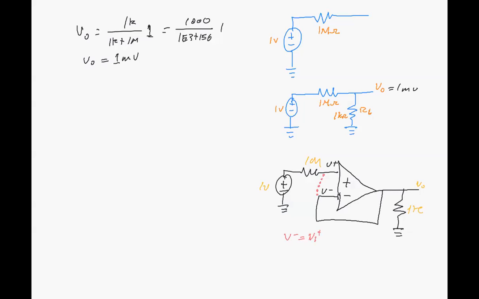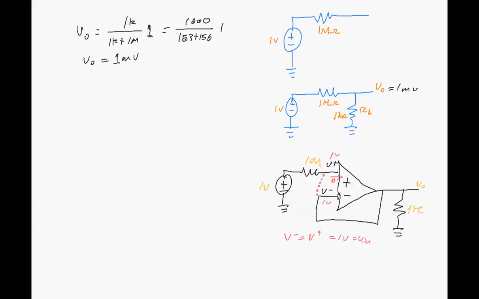And because there's no current into the op-amp itself, at least ideally, because this current here is 0, then the voltage, 1 volt, needs to be right here. So we've got 1 volt right there, which means we have 1 volt right here. It's perfectly equal to Vn.